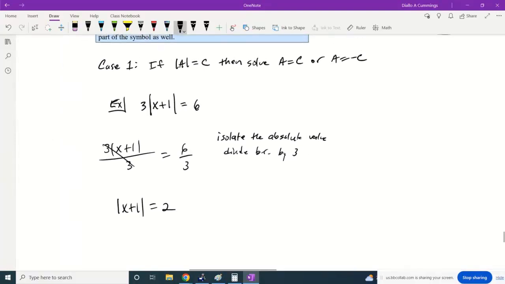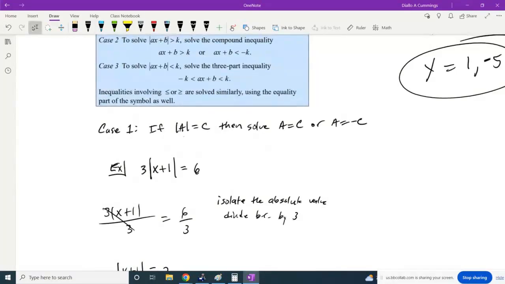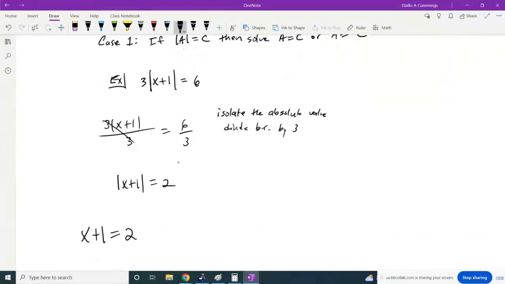So this formula says that if we have the absolute value of A is equal to C, then you can drop your absolute value and set A equal to C, or you can drop your absolute value and set it equal to a negative.